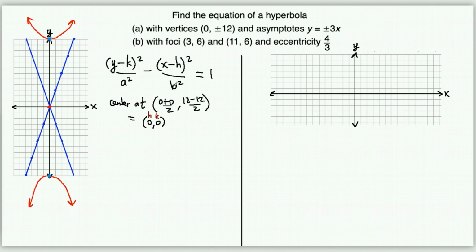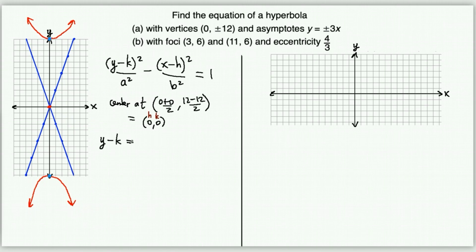Now let's talk about how to find the values of a and b. So notice that for this reason, we're given the asymptotes. Okay? So in this case, whenever we have the focal axis on the y-axis or parallel to the y-axis, we know that the asymptotes will hold for the following equation.